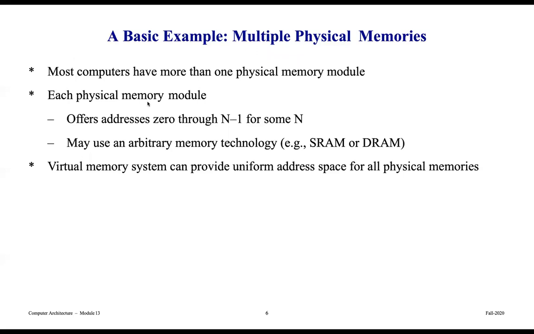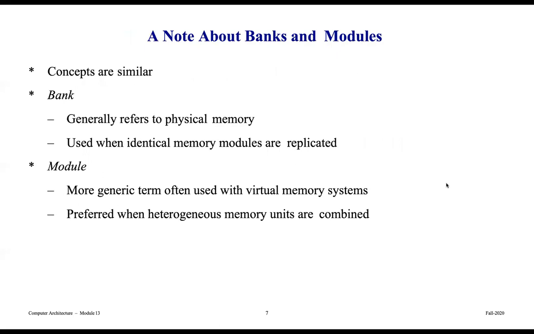Each physical memory module offers addresses 0 through n-1, for some n being the number of addressable locations. It may use an arbitrary memory technology. We mentioned, for example, SRAM and DRAM. You might remember that from an earlier chapter. A virtual memory system can provide a uniform address space for all the physical memories.